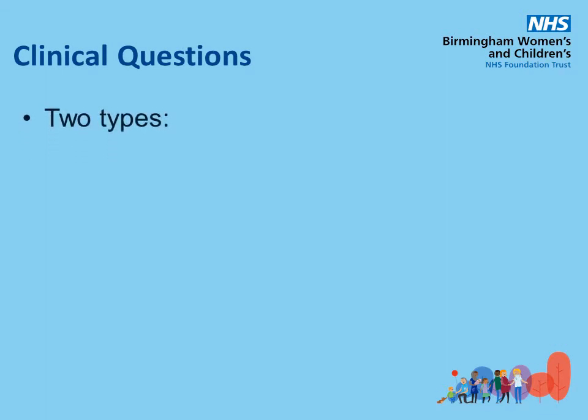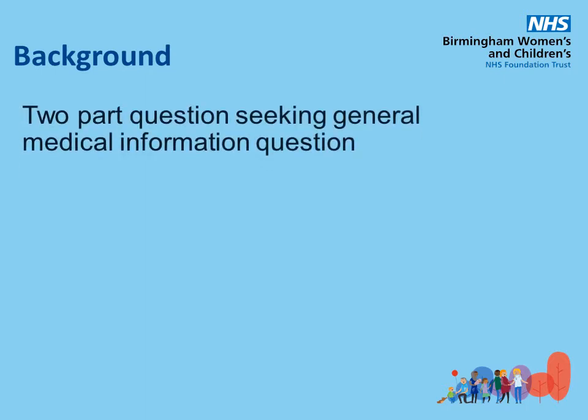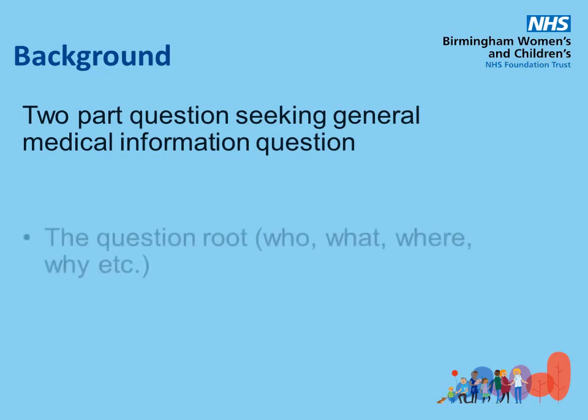So what are the 2 types of clinical question? Put simply, there are background questions and foreground questions. Background questions are broader and more general and usually consist of 2 parts.